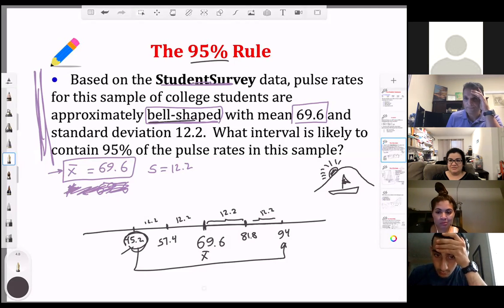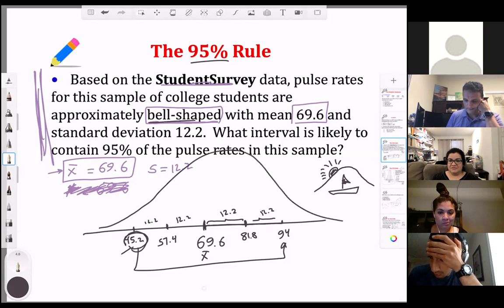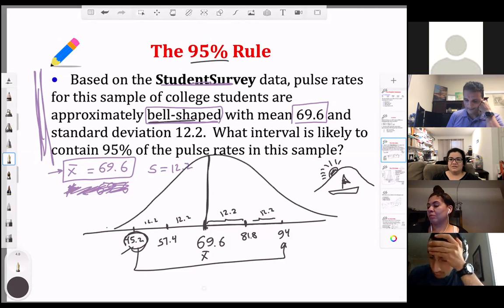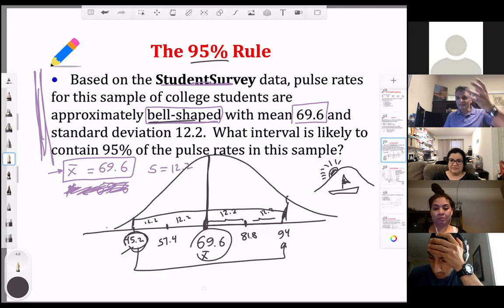That's the interval. This bell shape is going to be like this, almost. This is the mean, and this much is 95% of the data. So 95% of the numbers are from 45.2 to 94. Does that make sense? Yes.